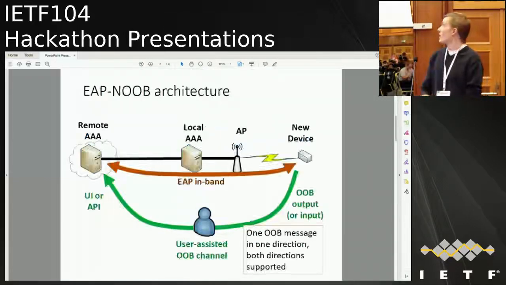Over here you can see an overview of the EAP Noob architecture. On the right-hand side, we have our new device. On the left, we have a server that we want to bootstrap it to. And in the middle, we have the in-band EAP network and the user-assisted out-of-band channel.